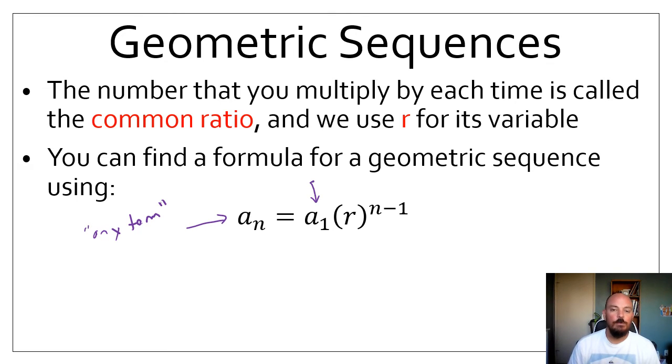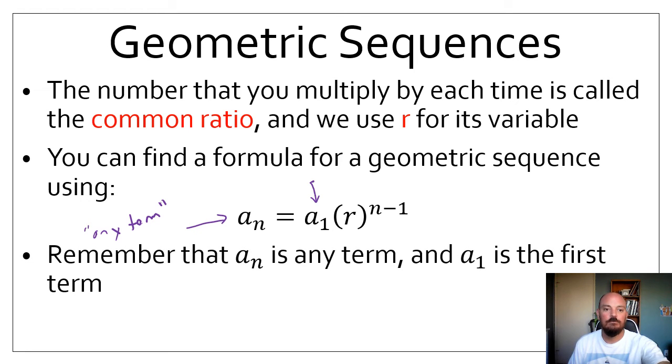So when you're finding a formula for a_n, you're finding a formula that you can use to find any term of the sequence by plugging in a number for n. So a_n is any term, a_1 is the 1st term, and r is the common ratio.